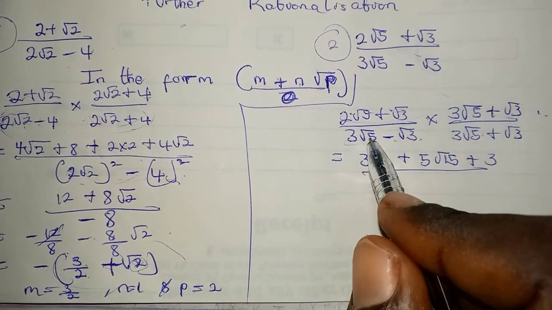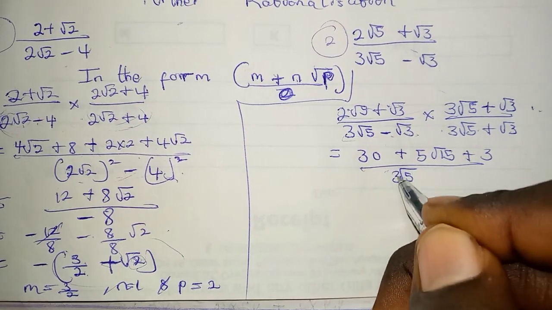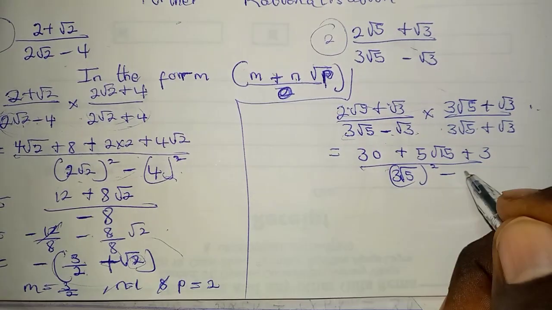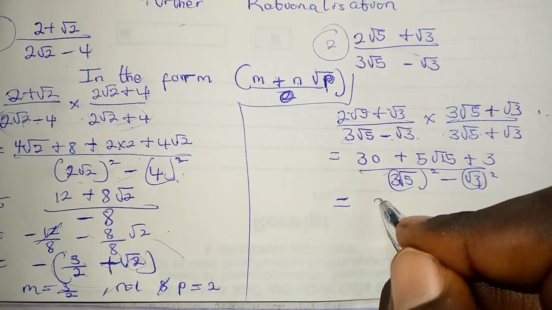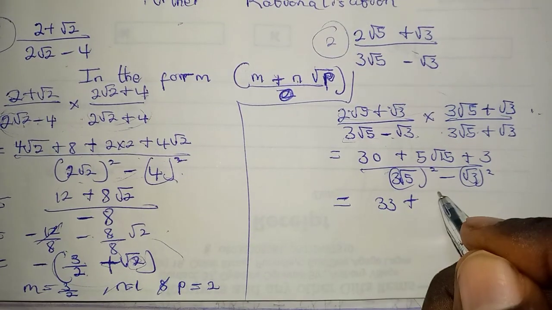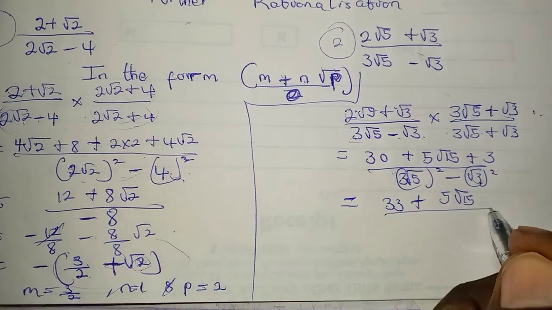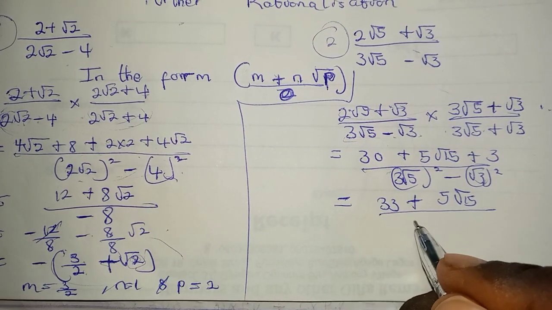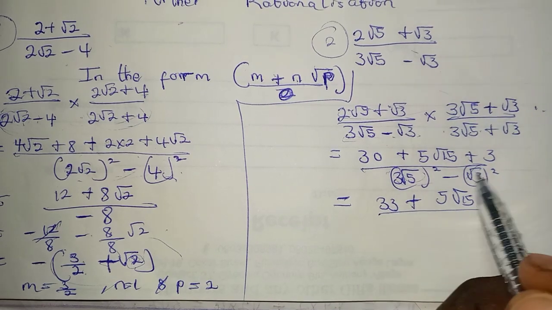And if you look for the difference of two squares of the denominator, which is root 3 squared, we got 5. Here we have 33 plus 5 root 15 over here. Now we got 45 minus 3. Don't forget, this is going to give us 45, this is going to give us 3.